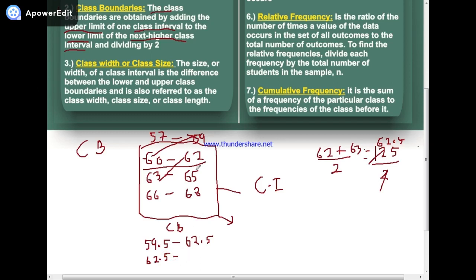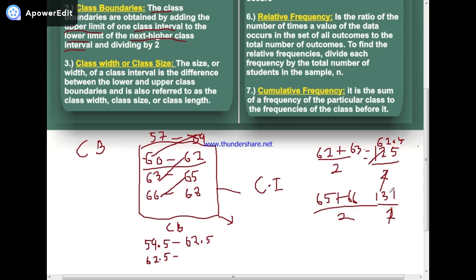So if you want to get this one, it's what? 65 plus 66 divided by 2. So that will now give you 131. 131 divided by 2.